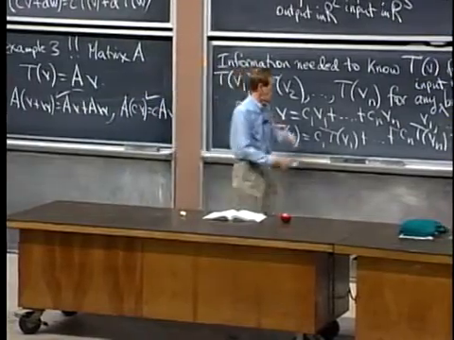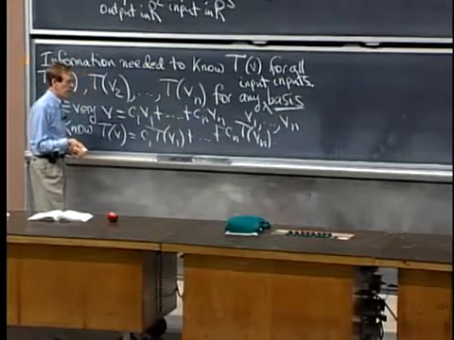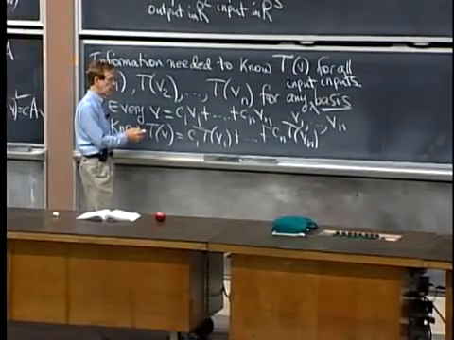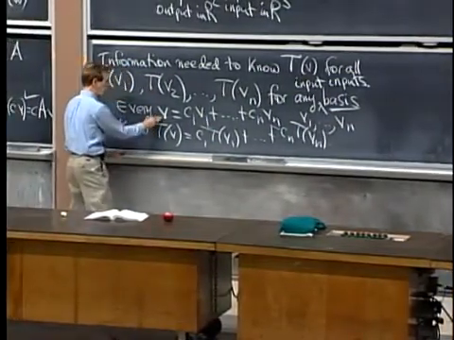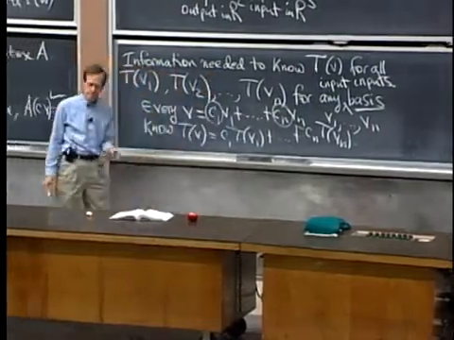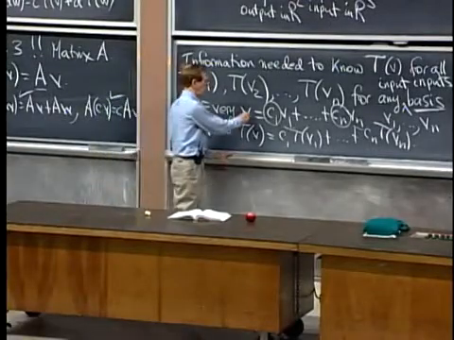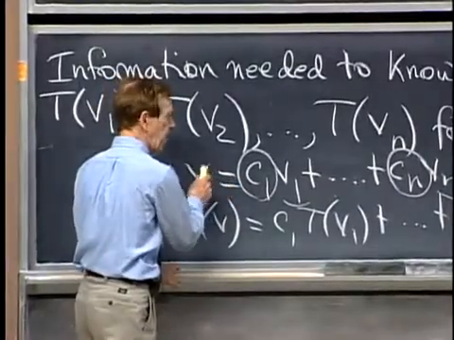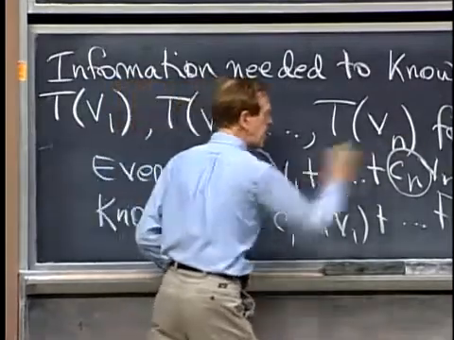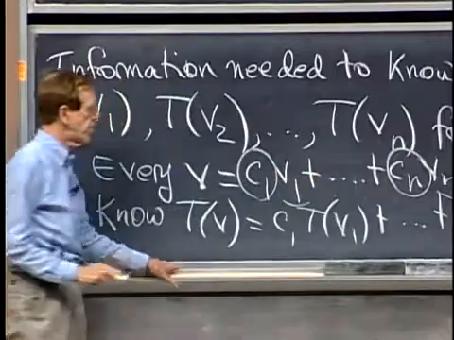Once you decide on a basis, this is where coordinates come from. There's one and only one way to express v as a combination of the basis vectors, and the numbers you need in that combination are the coordinates.